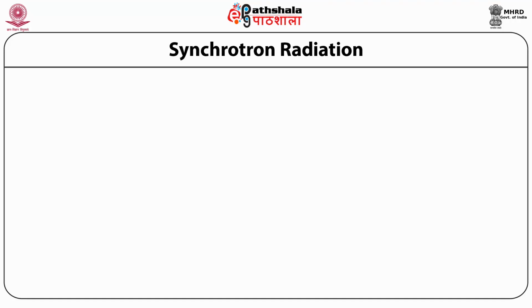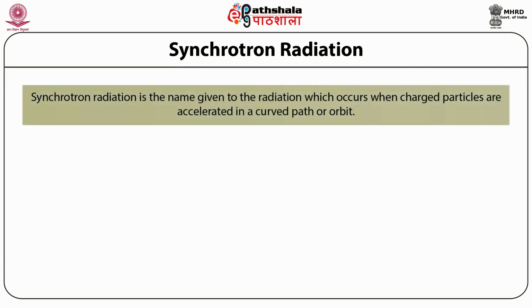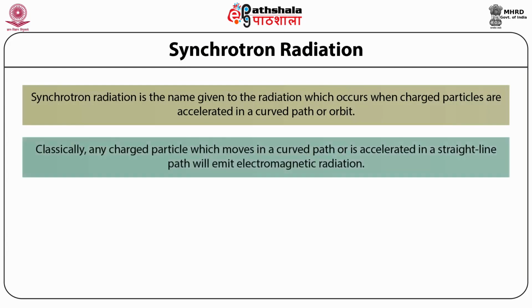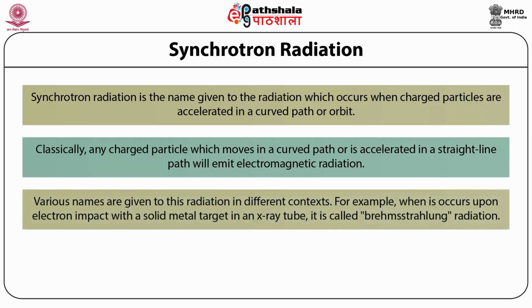The synchrotron radiation. Synchrotron radiation is the name given to the radiation which occurs when charged particles are accelerated in a curved path or orbit. Classically, any charged particle which moves in a curved path or is accelerated in a straight line path will emit electromagnetic radiation. Various names are given to this radiation in different contexts.